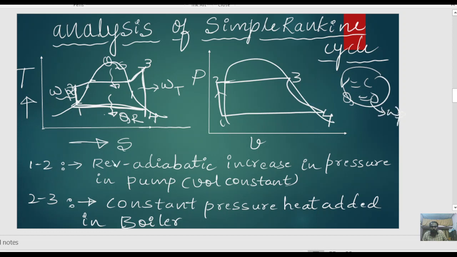Next, the process 1 to 2 is reversible adiabatic increase in pressure in the pump, keeping volume constant. Adiabatic, increase in pressure. Next, process 2 to 3 is the boiler, means heat supplied.